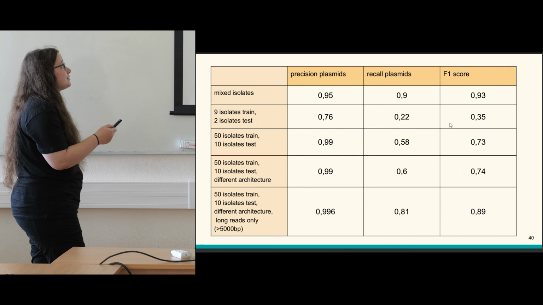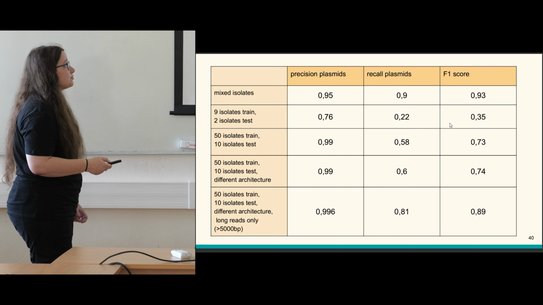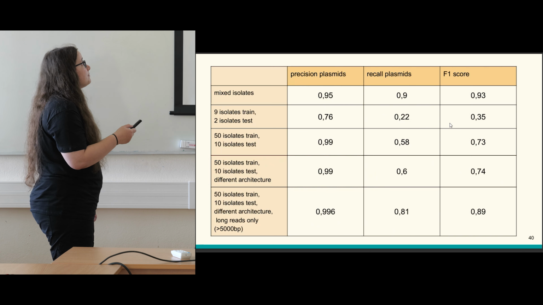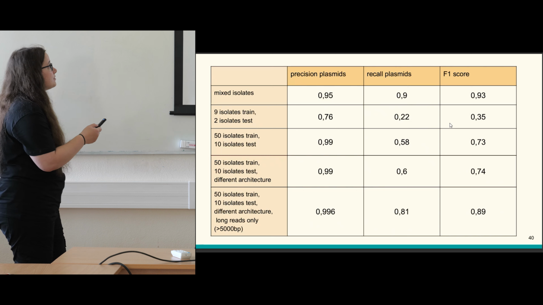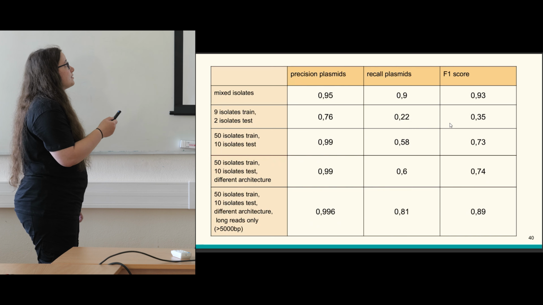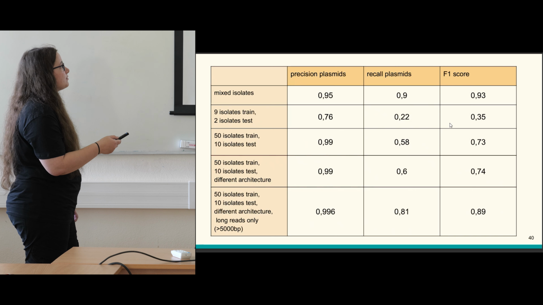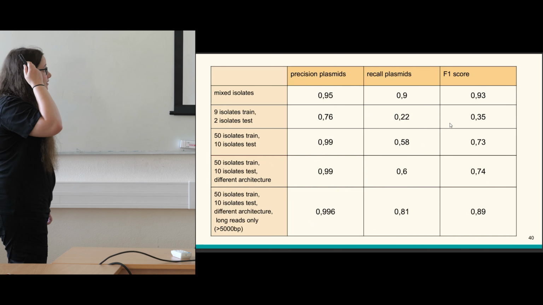This is because in this case, the model is able to learn exact sequences and then classify them. But in the second case, where the isolates were not mixed, the recall for plasmids has dropped significantly.